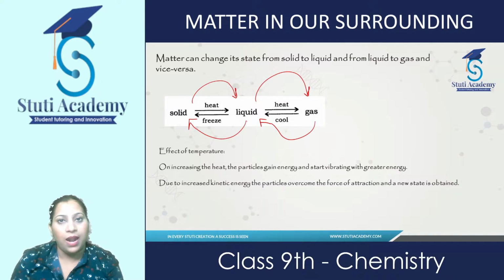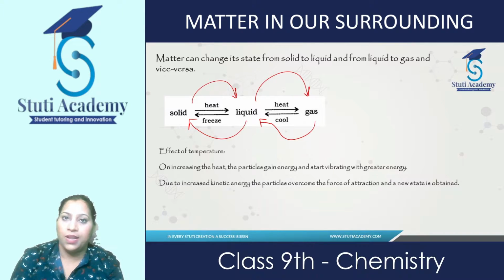We can say that temperature plays a vital role in changing the states of matter. If we increase the temperature, solid changes into liquid, liquid changes into gas. This is possible because when we increase the temperature and provide heat, the particles present in a particular state of matter start gaining energy and start vibrating from their position.